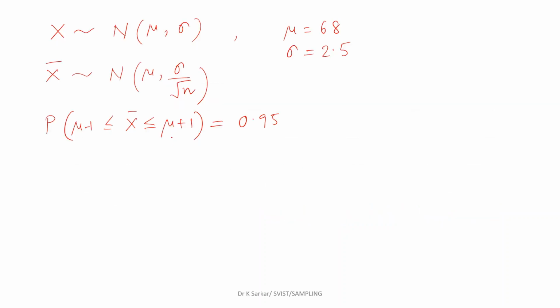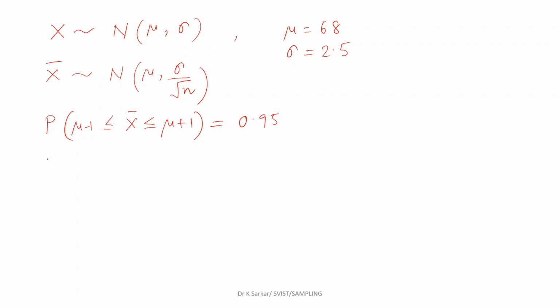The population mean is mu and the sample mean is x bar. So x bar should not differ from the population mean by 1 centimeter. So x bar lies between mu minus 1 to mu plus 1, and the probability of x bar lying between mu minus 1 to mu plus 1 is equal to 0.95. It is given in the question.